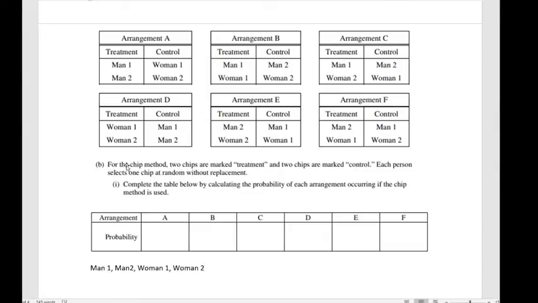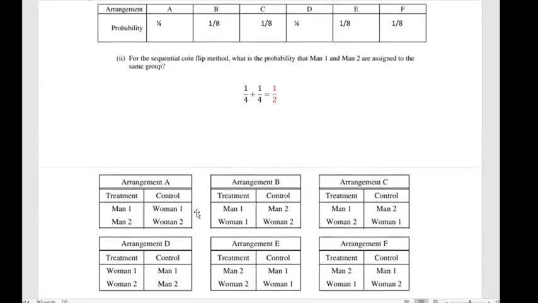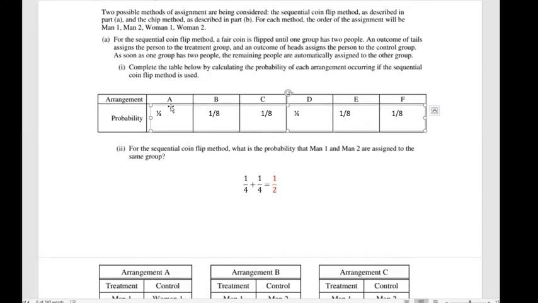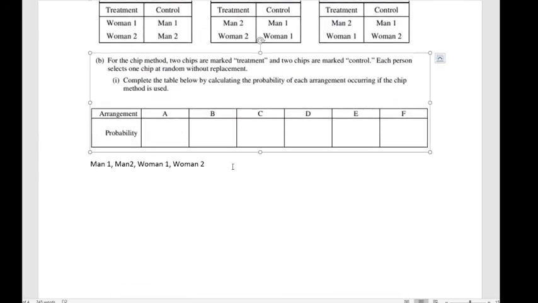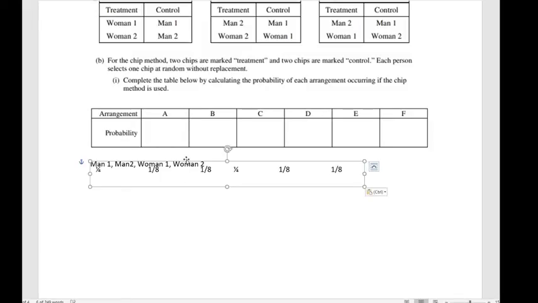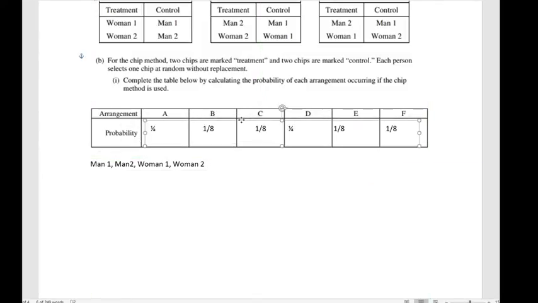So if we're looking at those, the probability that man 1 is assigned here is 50%. When we get down here, man 2, there are 3 total chips left, and 1 of them is for the treatment group, so he has a probability of 1/3. So our overall probability for arrangement A is going to be 1/2 times 1/3, which would be 1/6.